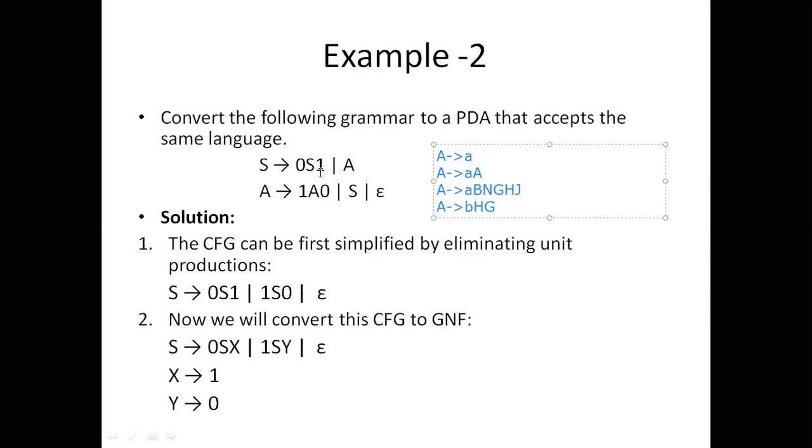If you remember from my previous classes, we studied that in order to bring the grammar in a normal form, first you have to simplify the grammar. And we studied three steps in simplification of grammar: elimination of unit symbols, removal of non-generating, non-reachable symbols, all those things. So first the grammar has to be simplified, then it has to be brought into GNF form, and then you apply the two rules to design the PDA.